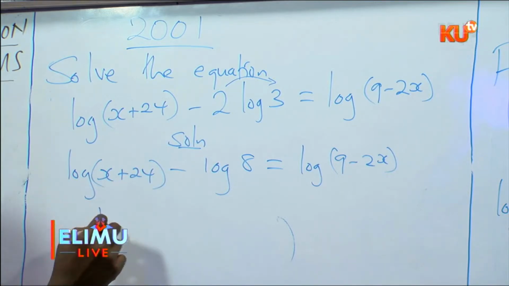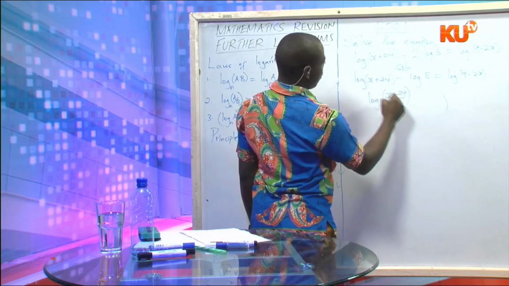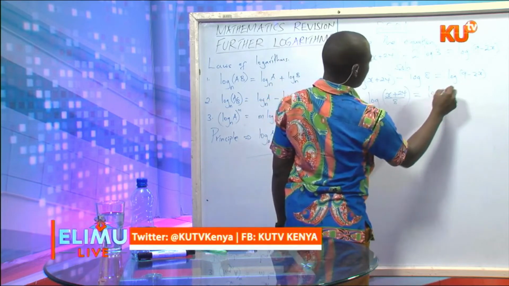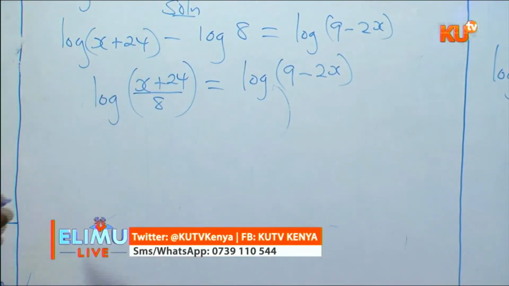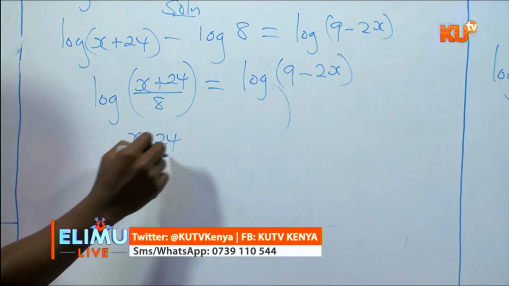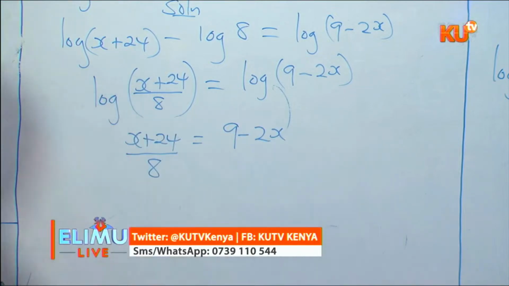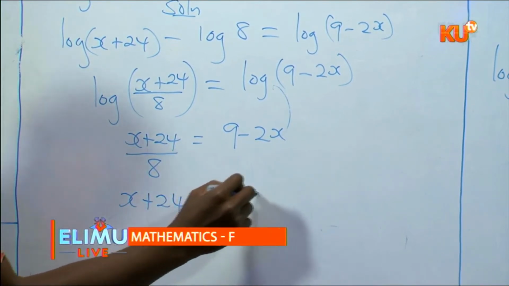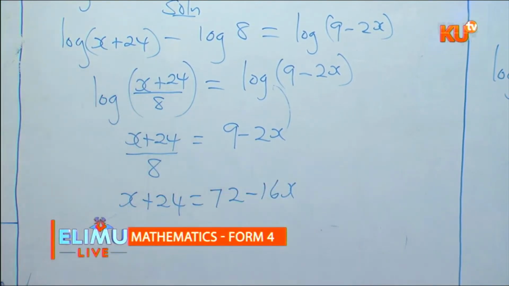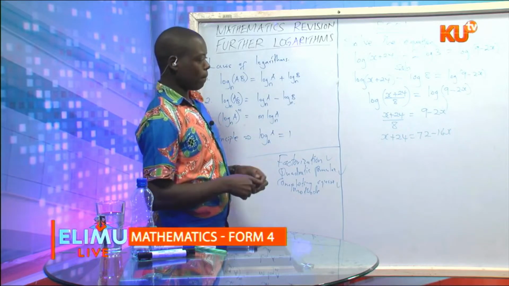We'll say log of x plus 24 divided by 8 should be equal to log of 9 minus 2x. So I will drop the logs and have x plus 24 over 8 equal to 9 minus 2x. Then we do the cross multiplication. We'll have x plus 24 equals 72 less 16x. Why 72? 8 times 9 is 72. And why negative 16x? It's negative 2x times 8.